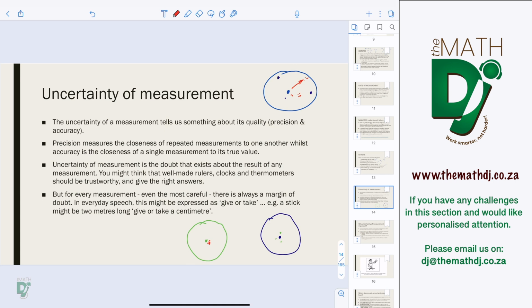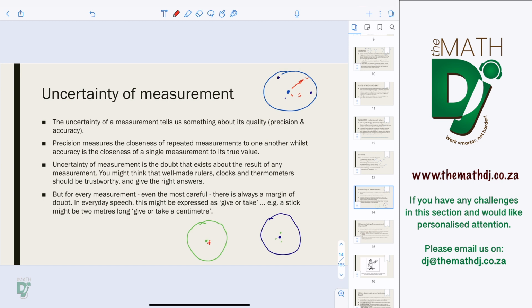So, for example, when you are using a tape measure, the margin of error can be plus or minus a millimeter. If you use a stopwatch or a stop clock, some are precise.